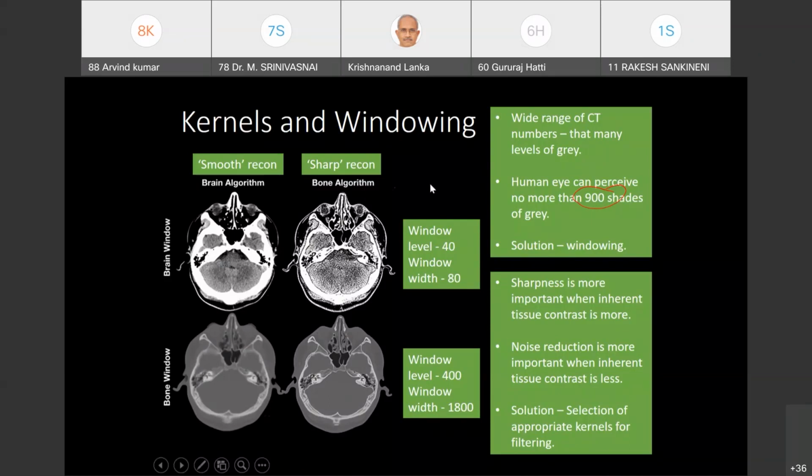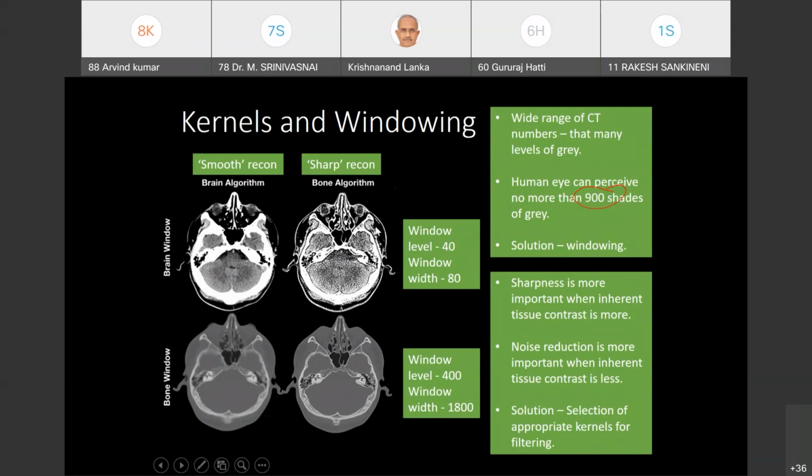As I was telling before, in brain the sharpness is low, whereas in bone it is high. The noise is more in the brain because we are not able to distinguish between different parts of the brain. Whereas here we can see clearly the shade difference, but here it is more granular.